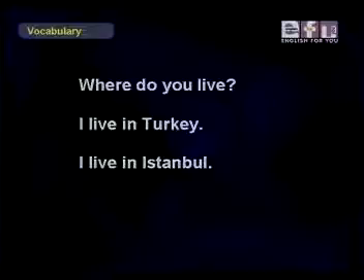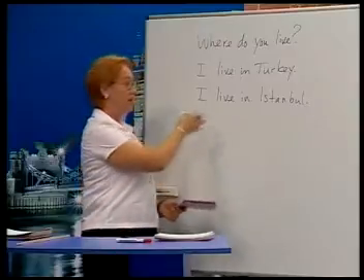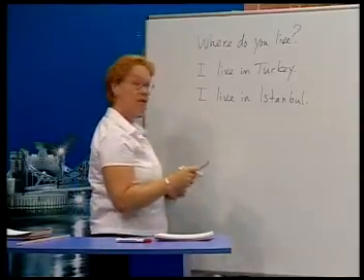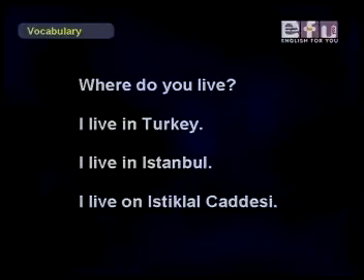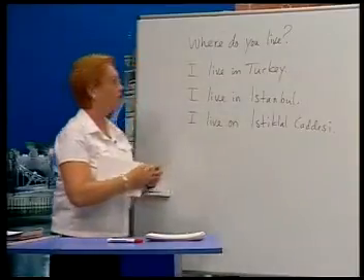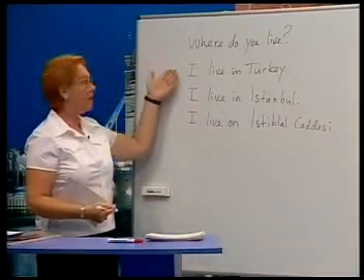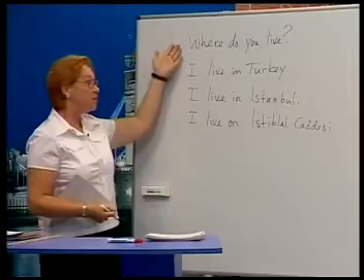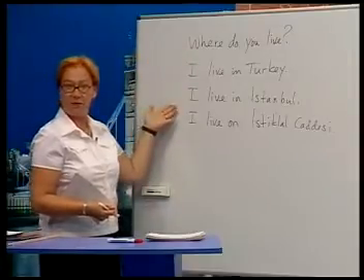Or, I live in Istanbul. Where do you live? I live in Istanbul. Or, I live on İstiklal Caddesi. Where do you live? I live in Turkey. Where do you live? I live in Istanbul.